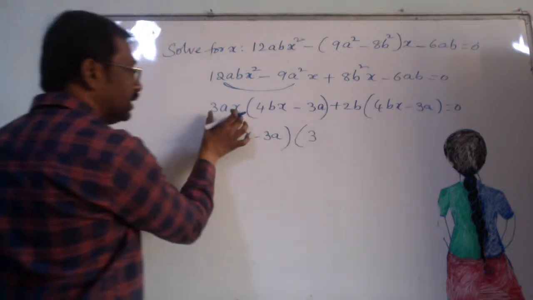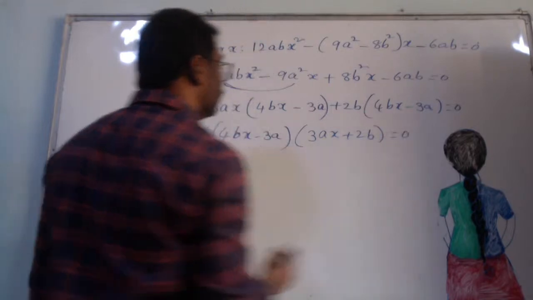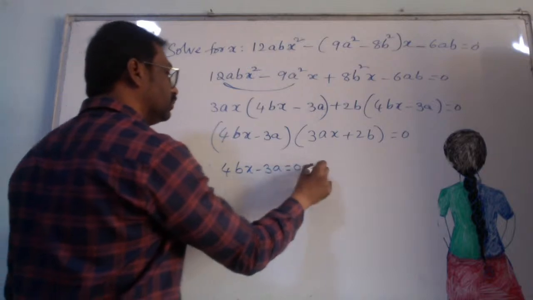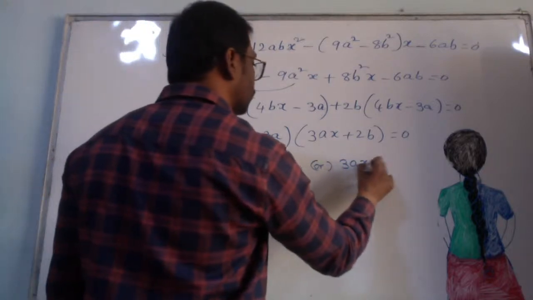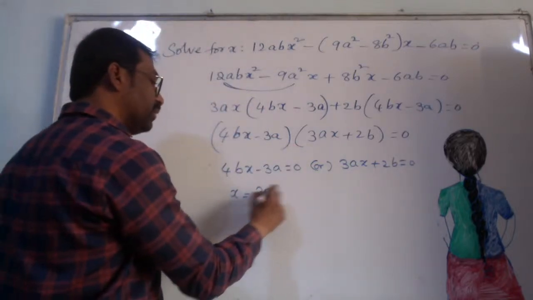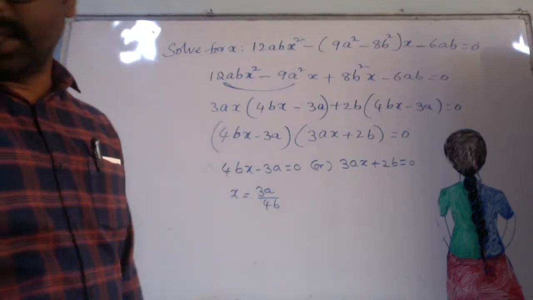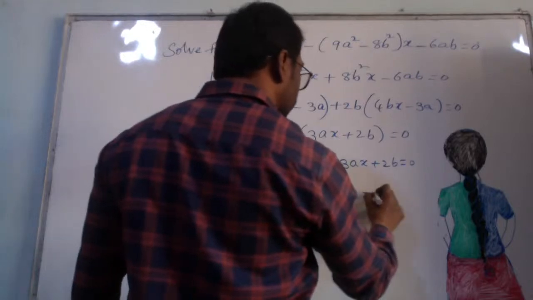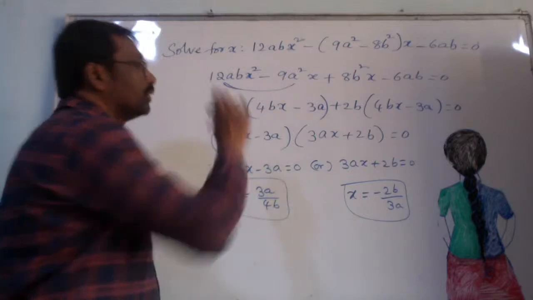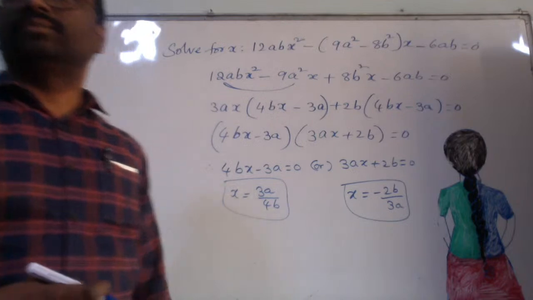Again you can get 3ax plus 2b equal to 0. Therefore, either factor equal to 0. So from this x equals 3a by 4b, and from this x equals minus 2b by 3a. So we only have to think about the factors of the middle term.